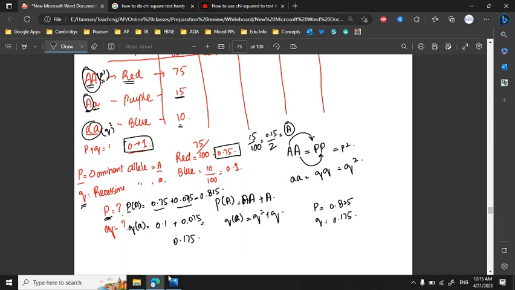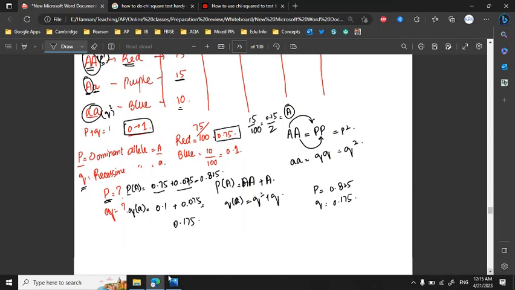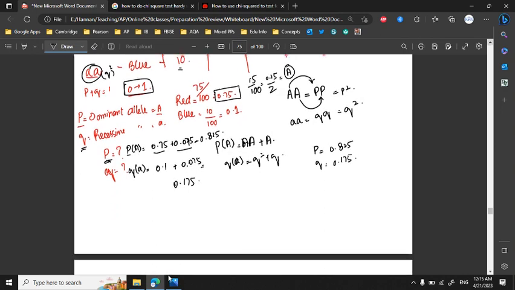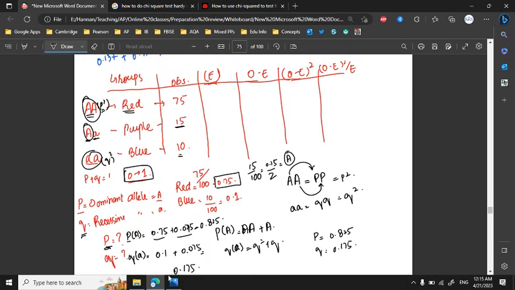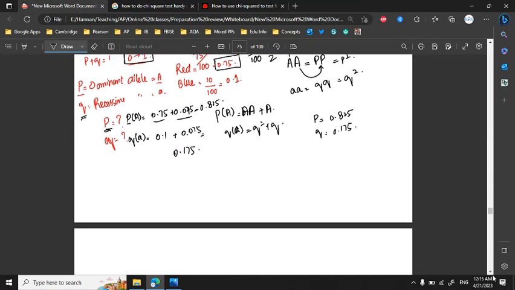Remember, you are finding out the expected values. Now you have got these observed values for P square, Q square and 2PQ. 2PQ is recessive. So now I am going to represent the expected values.